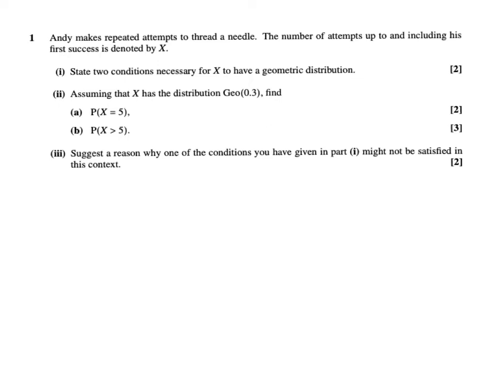Okay, to have a geometric distribution, first of all, the probability of succeeding must always be the same. If I'm flipping a coin, each and every time it's 0.5 until my first success, it's always going to be 0.5. So if it changes every time, then it's not a geometric distribution.